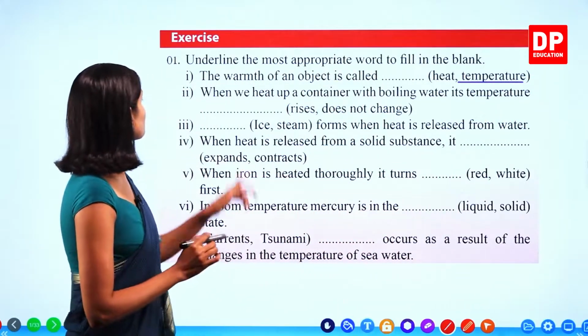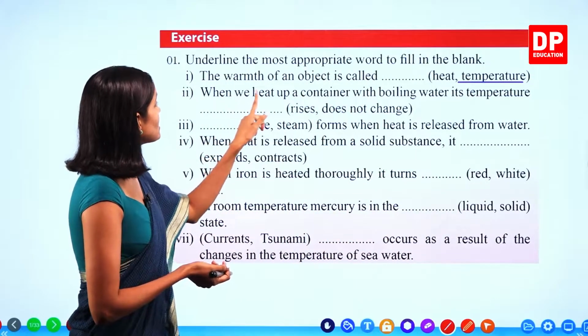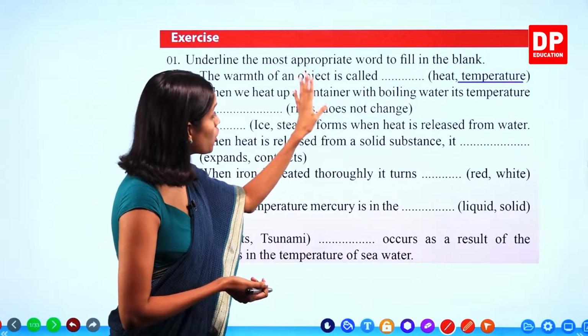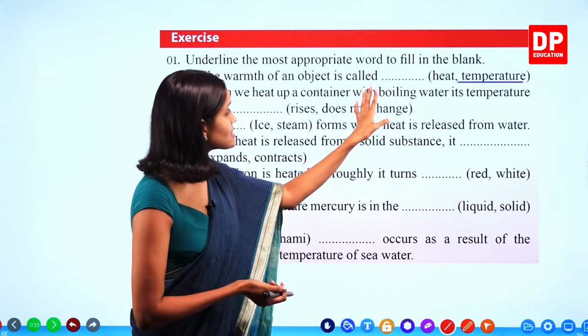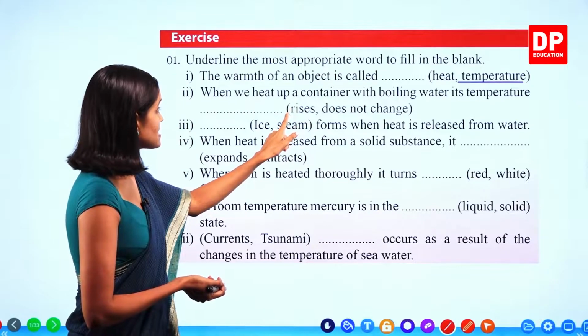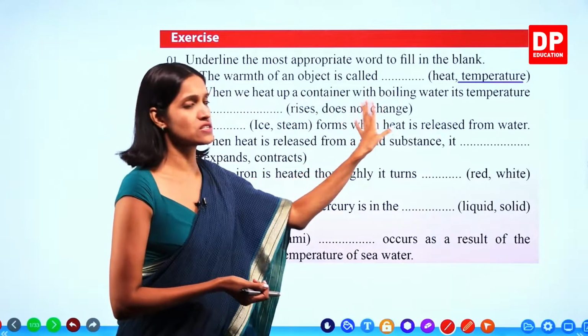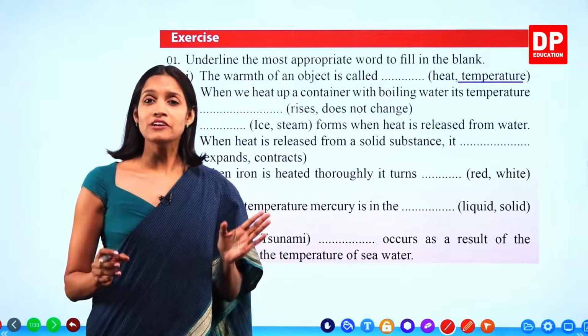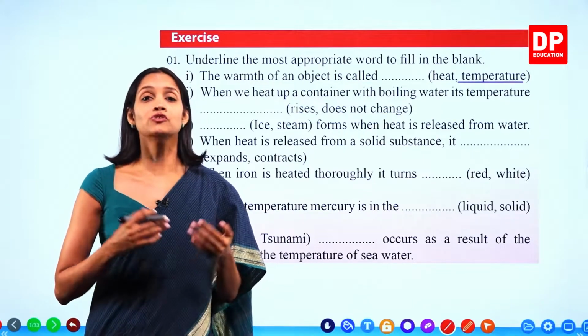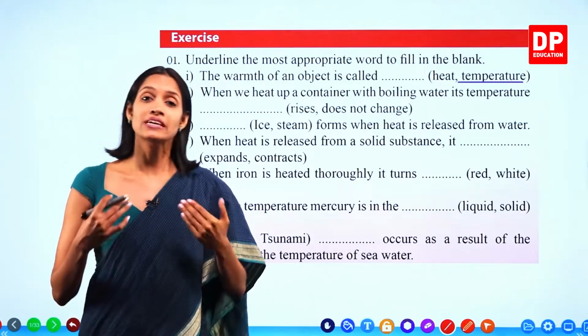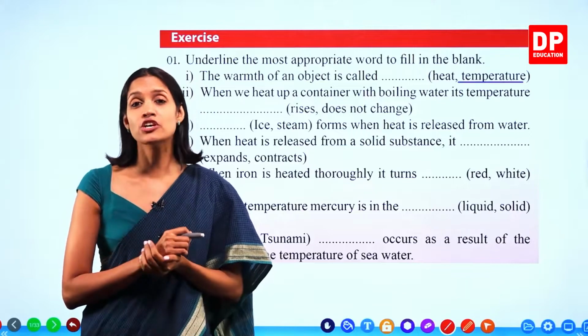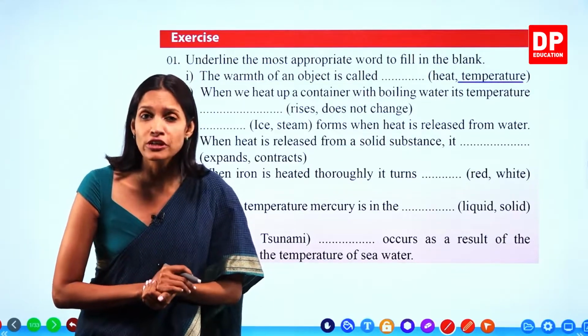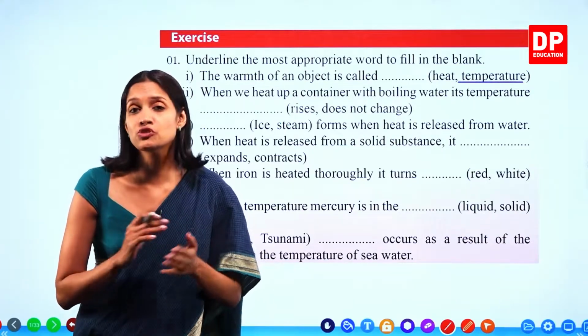Right. Number 2. When we heat up a container with boiling water, its temperature rises, does not change. Now, do you remember we did this activity to understand how the heat or the temperature changes of a certain liquid? Do you remember we heated water?